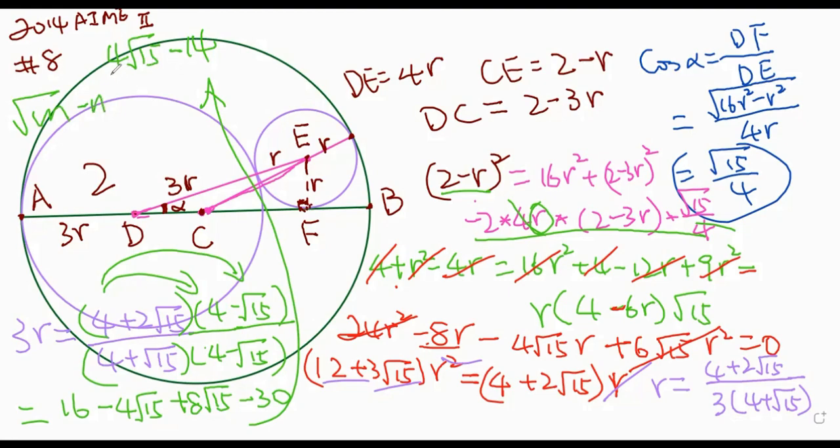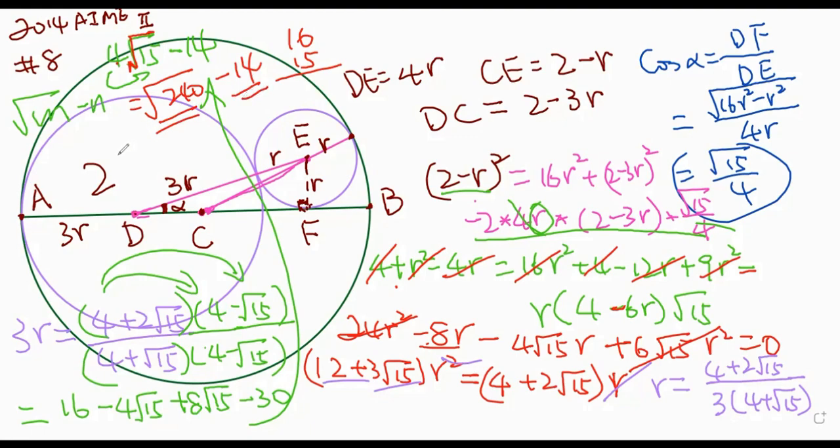So we just put this 4 inside the square root. So it's 16 times 15, that's 240, minus 14. Now, this is m, this is n.